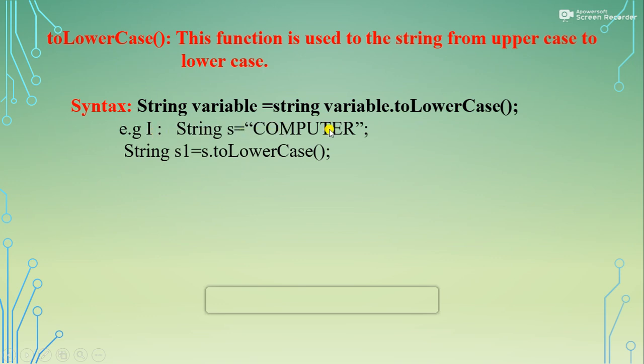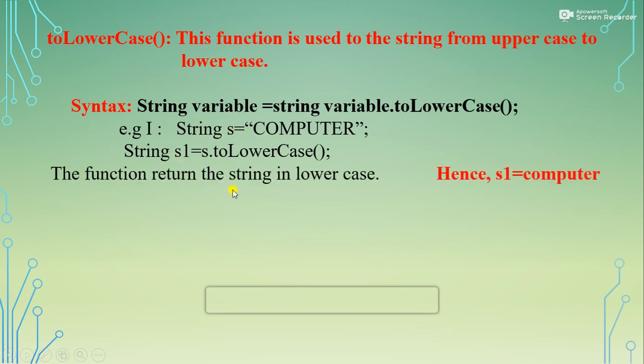String s equals to, here I have written all the words in capital letters. In s1 I have stored s dot toLowerCase. So it will convert the s variable into lowercase and store it in s1. See, the function returns the string in lowercase, and this will be the output in lowercase.